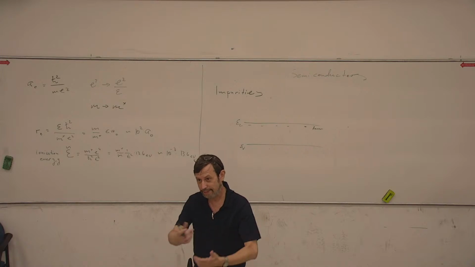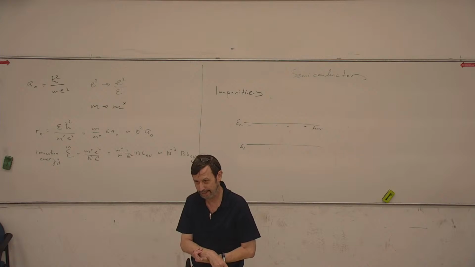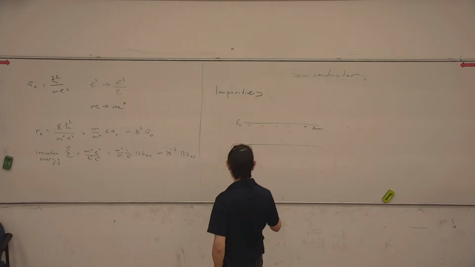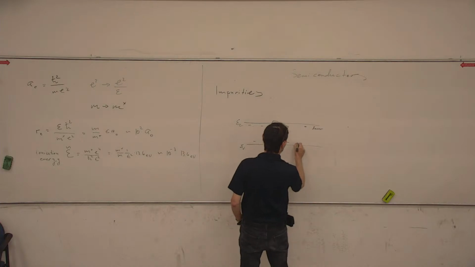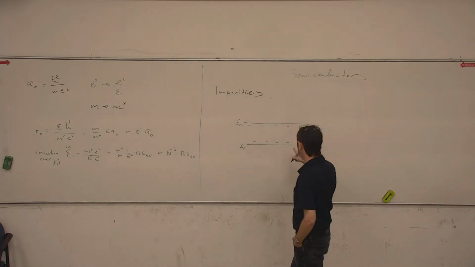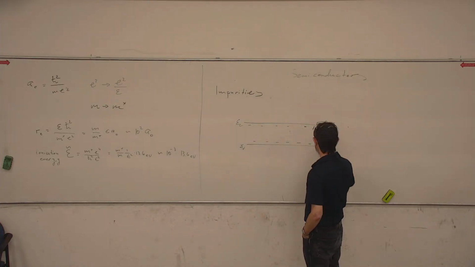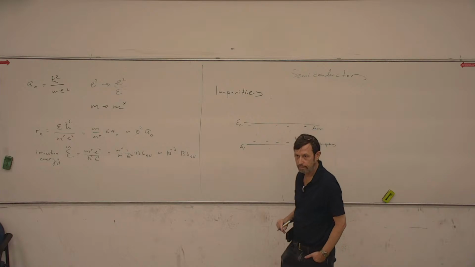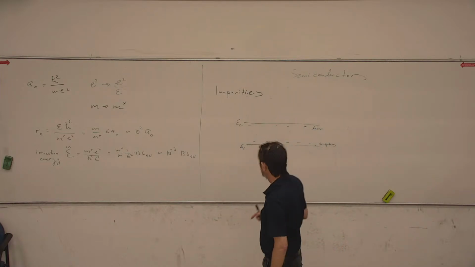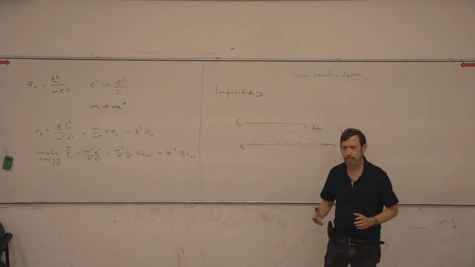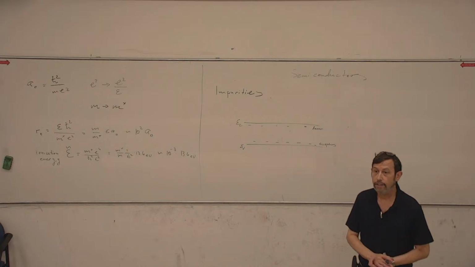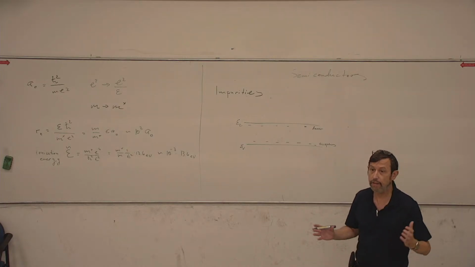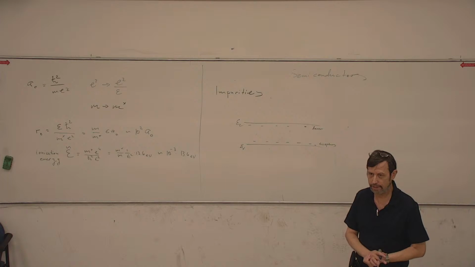It will try to steal something from the valence band. What does it matter? I changed the scale of behavior of the system.